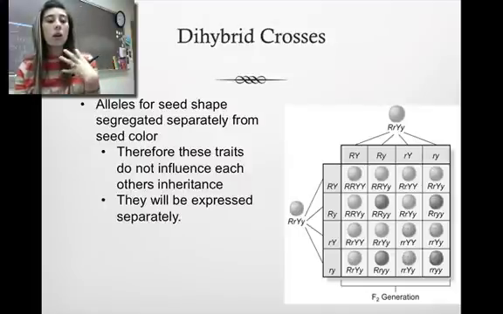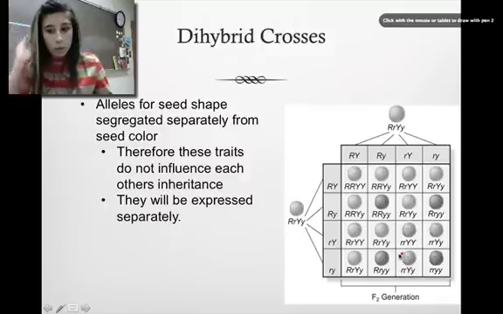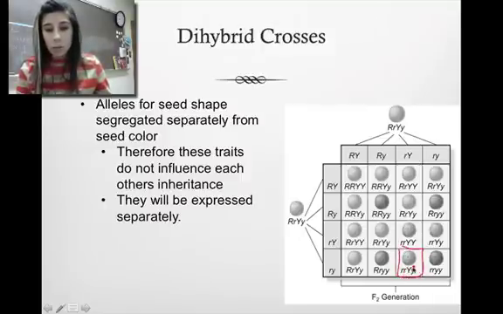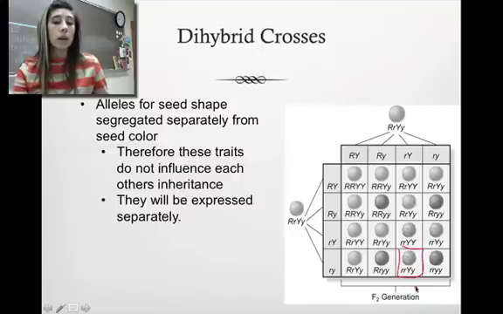So these, just as a reminder, these traits are not going to influence each other in their inheritance, and they're going to be expressed separately. So for example, right here we see something that is little r, big Y, little y, and so that little r is going to represent wrinkled, and then we have something that's yellow. So this is wrinkled and yellow, and we haven't seen this type of phenotype or genotype yet at all.